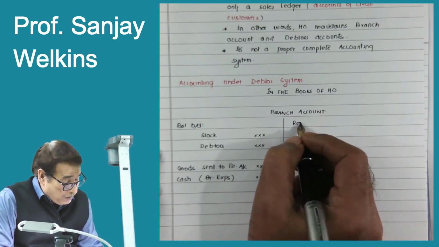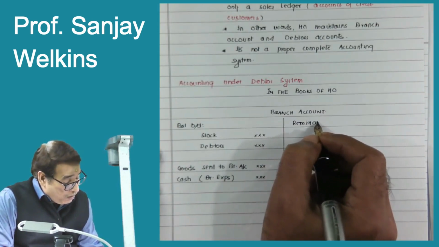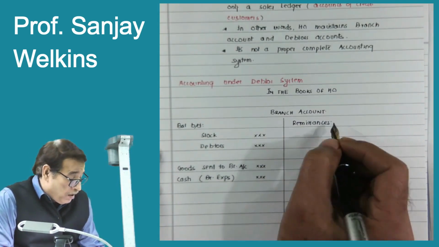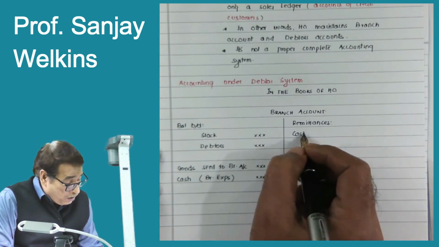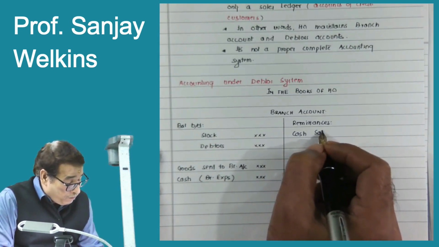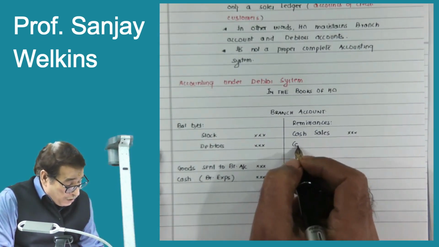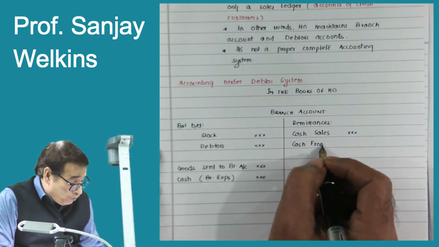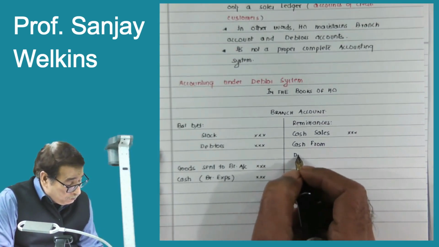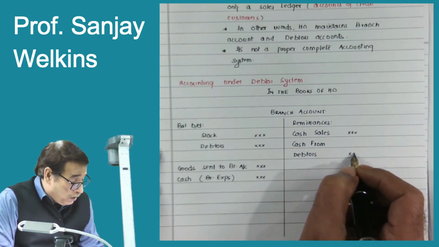Now remittances, what exactly we mean by it, I will let you know in a short while. Remittances shall have two important parts: cash sales and cash from debtors.